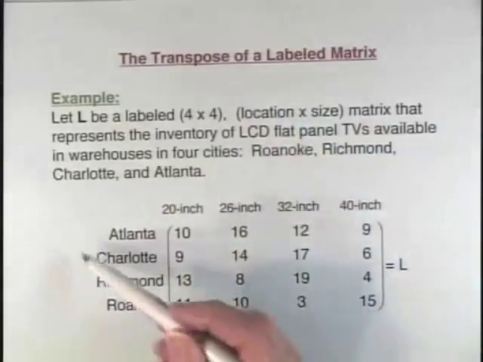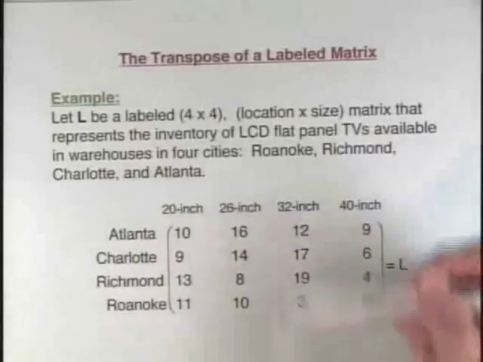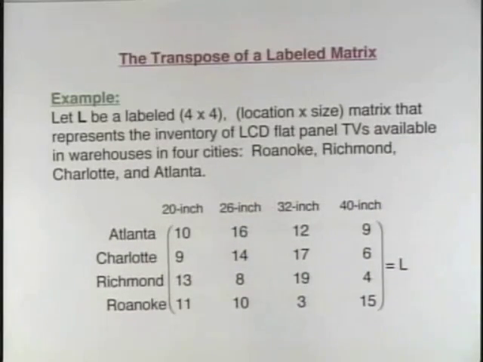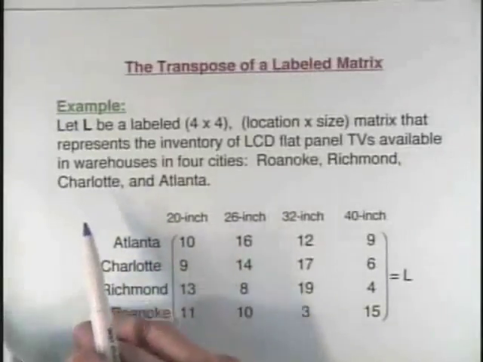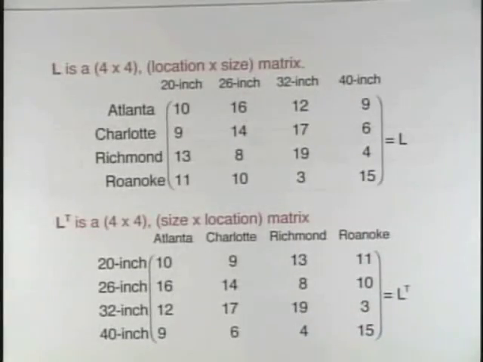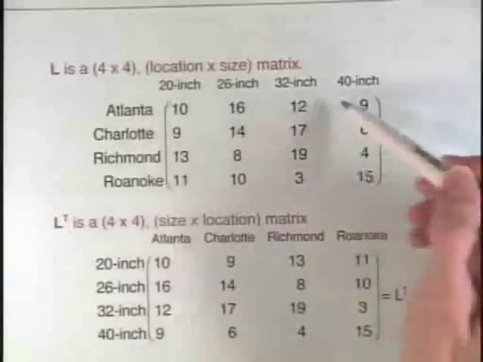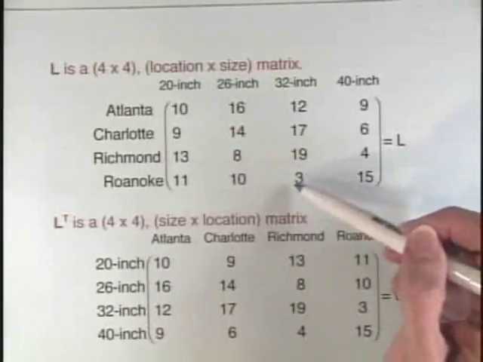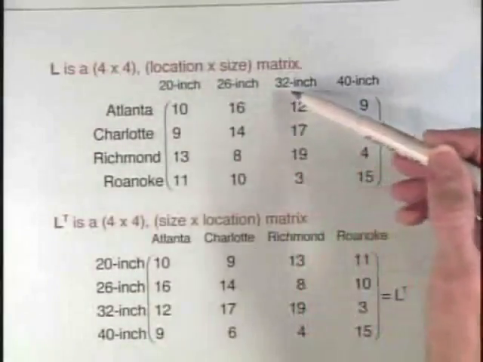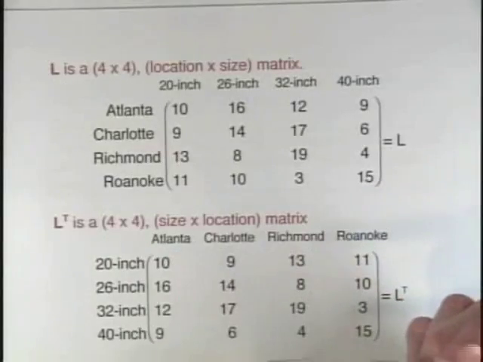So it's location by size, and we call that matrix L. To create L transpose, you must not only interchange the rows and columns of L, you must also interchange the row labels with the column labels.